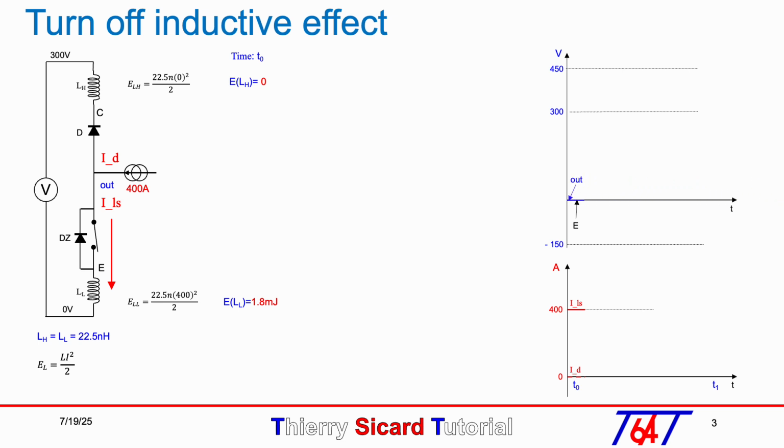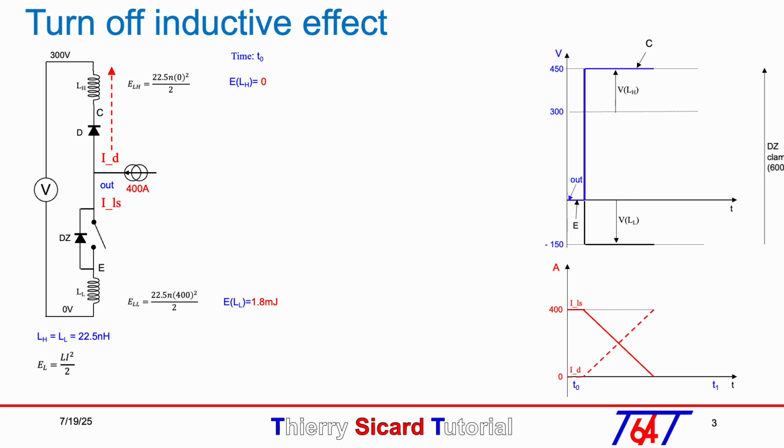During the turn-off phase, we transfer 1.8 millijoule of energy from the lower LL inductor to the upper LH inductor. If you look at the animation, when the ideal switch is open, as LL equal LH, and they have the same absolute di over dt, each inductor has 150 volt across it.